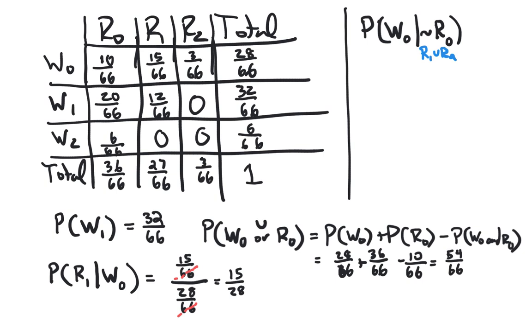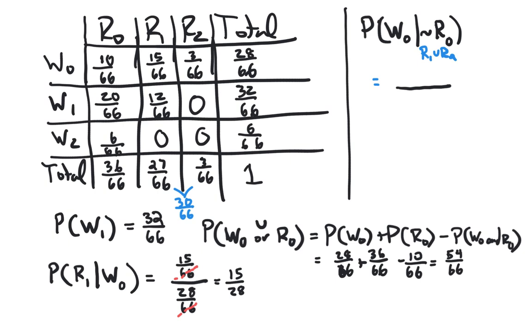So what's the total probability in this column? Well, it's going to be the sum of R1 and R2. So if we combine these probabilities for this particular question, we are going to get 27 plus 3 is 30 out of 66.